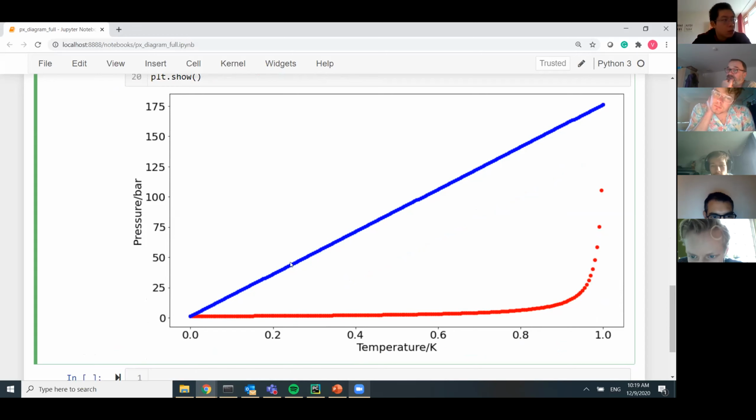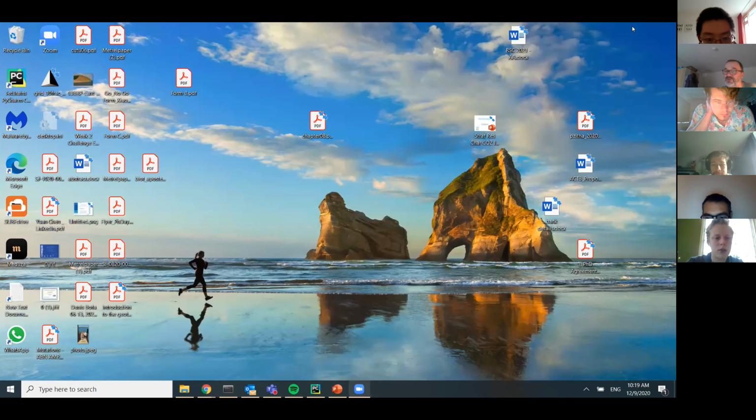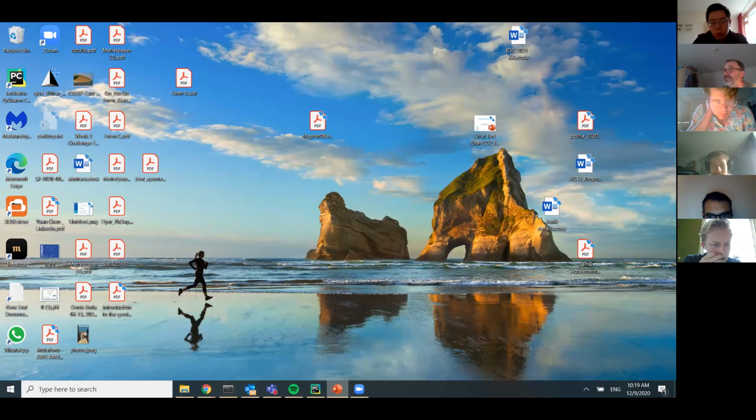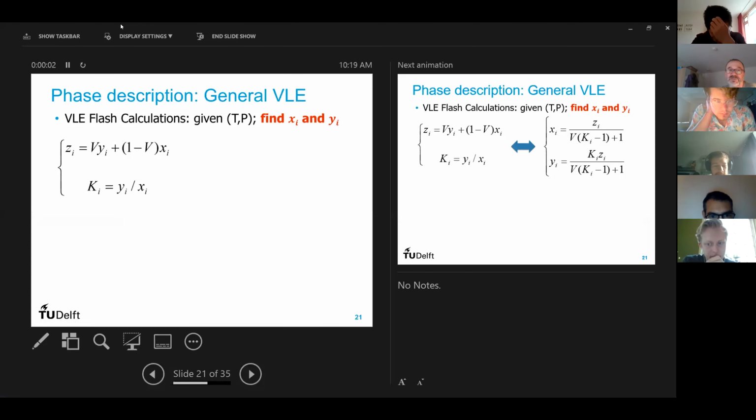So this is your bubble point, this is your dew point. That's something you will practice later, but just to give you some understanding of how it usually works, you already have everything in your arsenal to solve all of these problems. You just need to remind yourself what certain things mean.